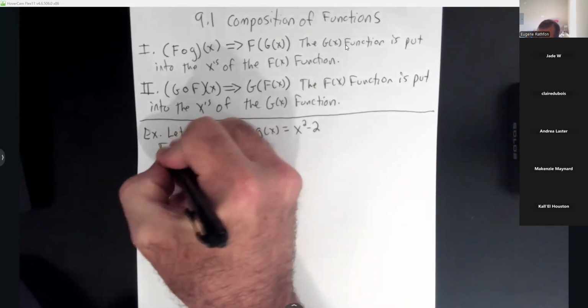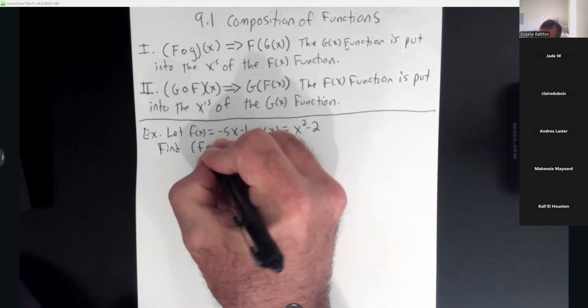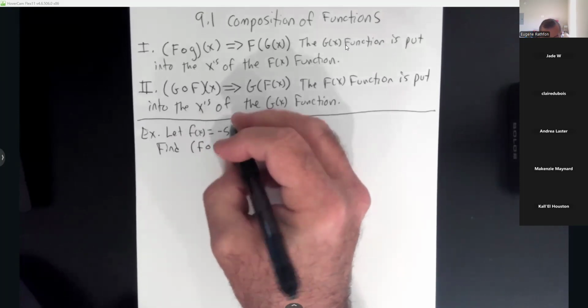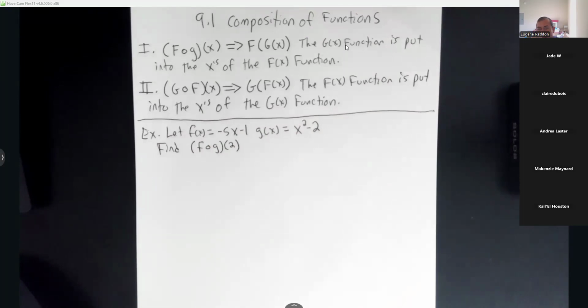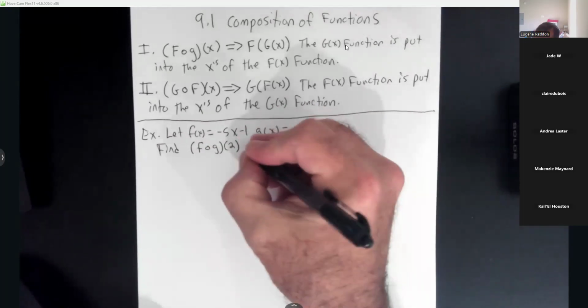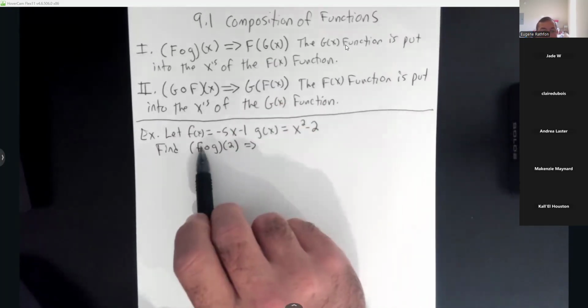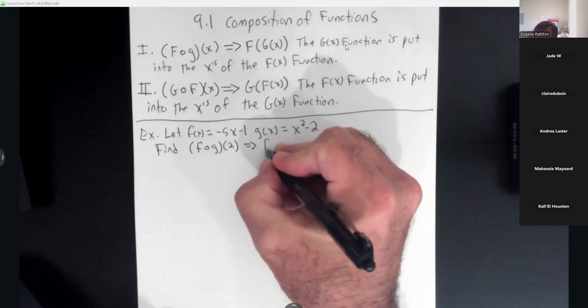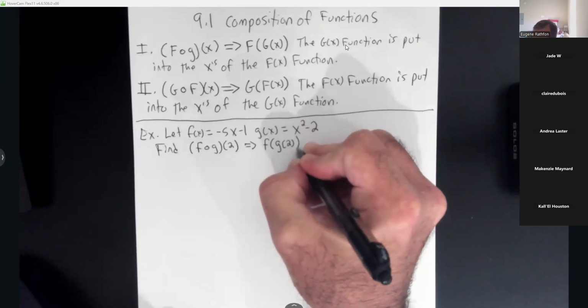On this one, they want us to find f compose g of 2. So they gave us a number on this one. Remember, I'm going to write this in this notation here: f of g of 2.